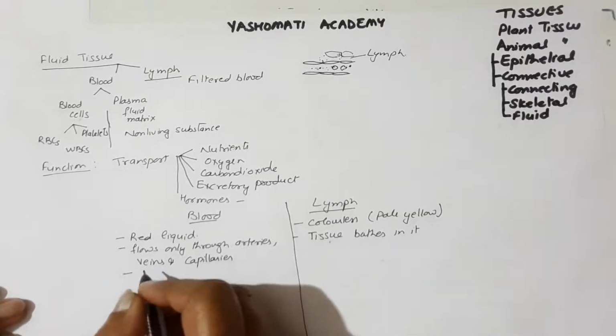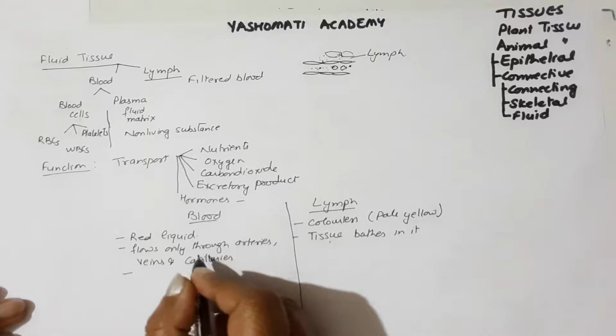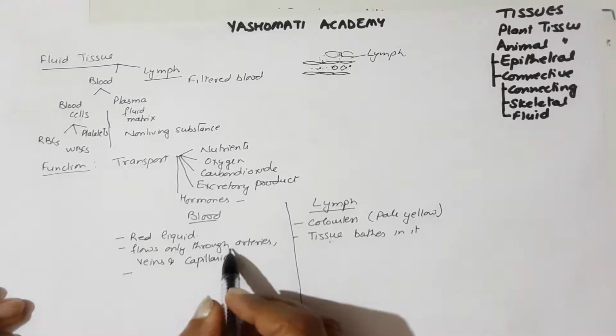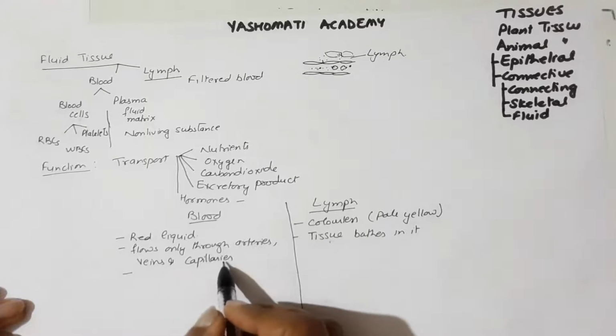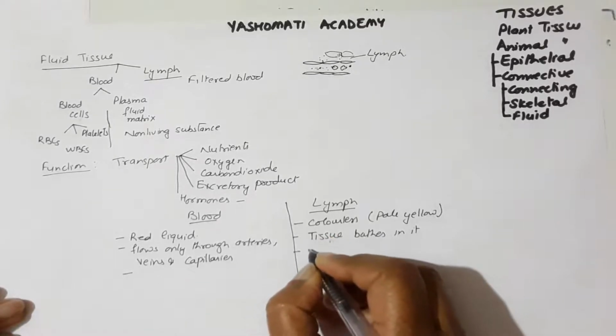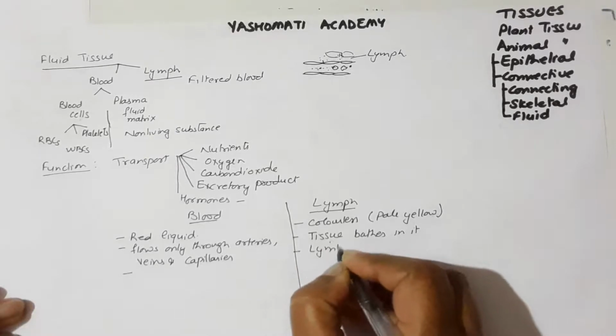In case of blood, we have the circulatory system which is made up of arteries, veins and capillaries, whereas lymph is circulated through the lymphatic system.